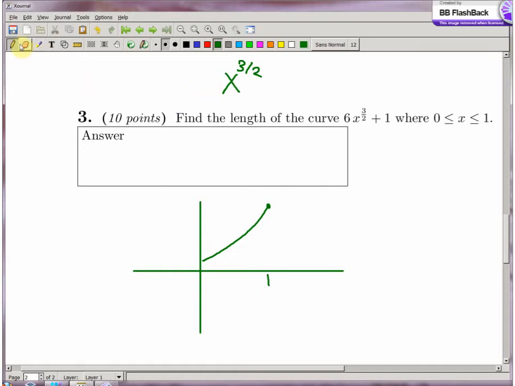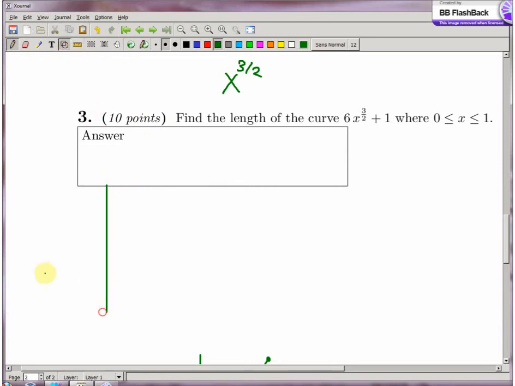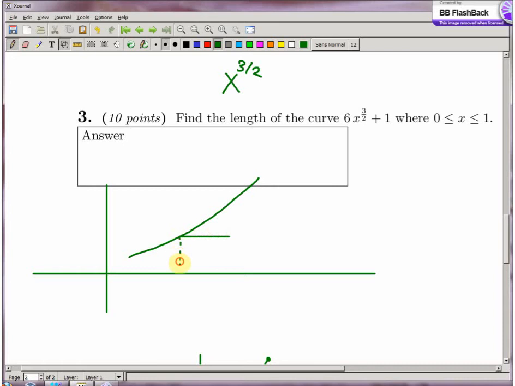Anyway, how do we do this? Maybe I can remind you about the arc length formula. I do have it memorized, but you don't really need to memorize it. You just draw a picture: here's some curve, and here is x, and this is dx, some little advancement in x.